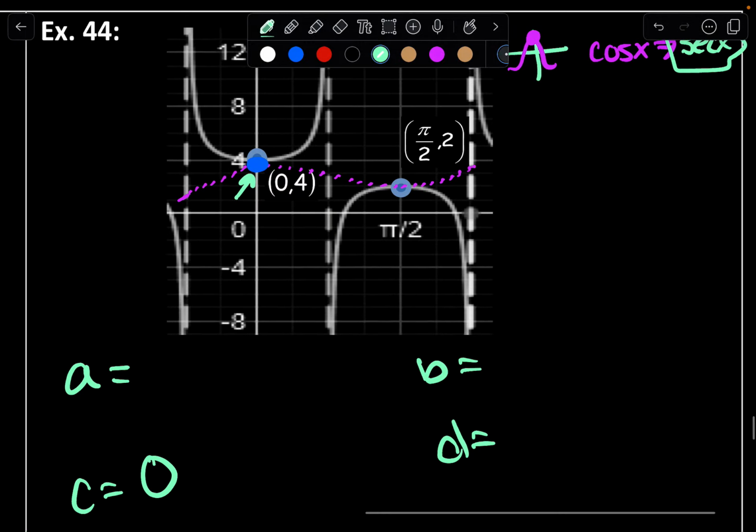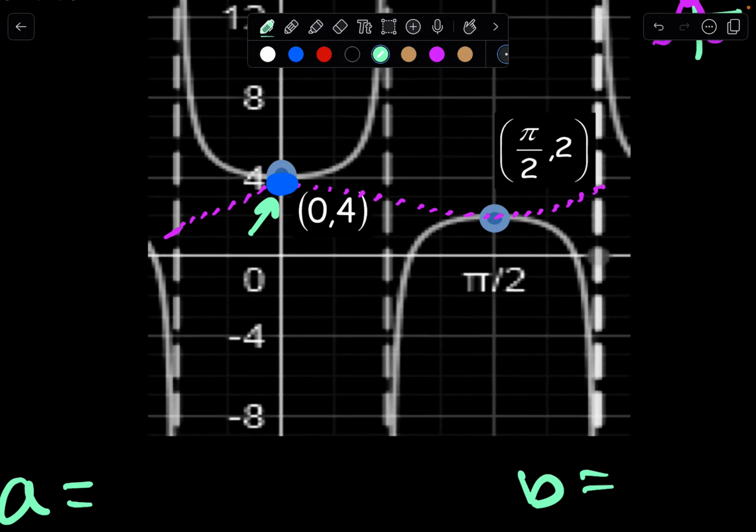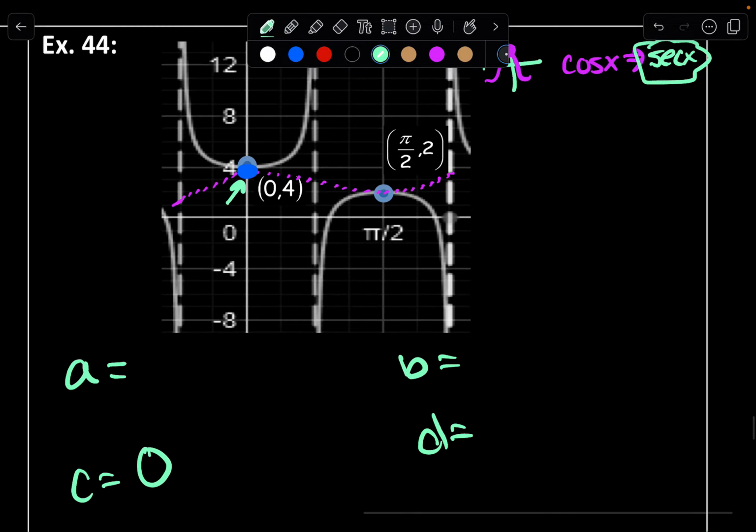Okay, so with this one, let's go ahead and find the a and the d value. So for this one, I'm going to use the outputs that are provided for those relative extrema. As a side note, I can see that it's a relative minimum, but it's a higher output. So I can see I have 4, and then my relative maximum is going to be at 2.